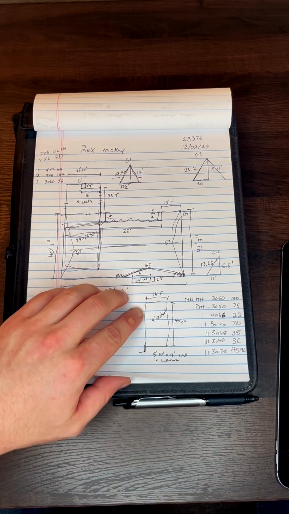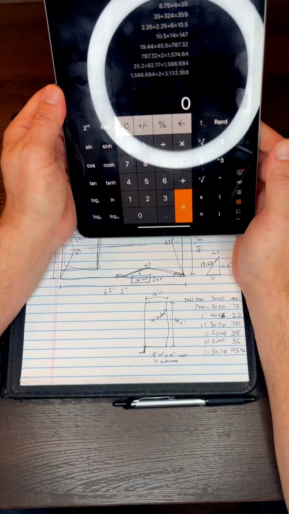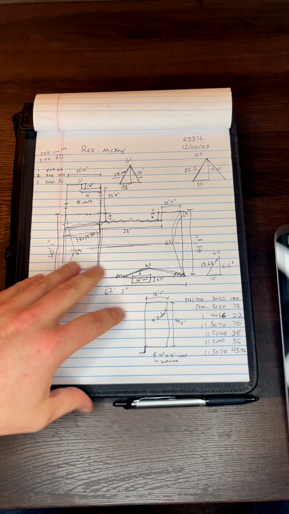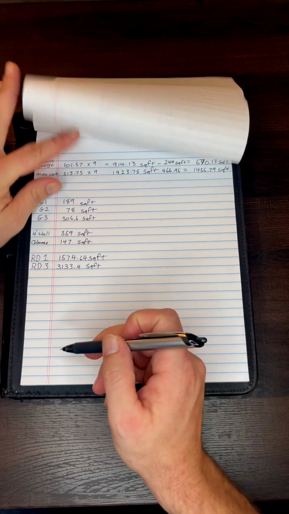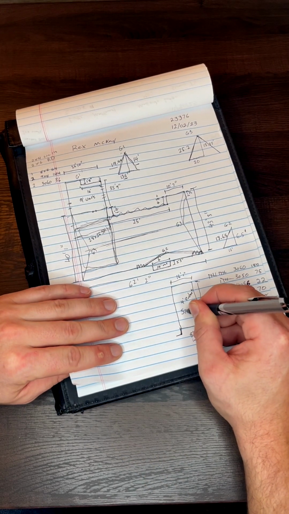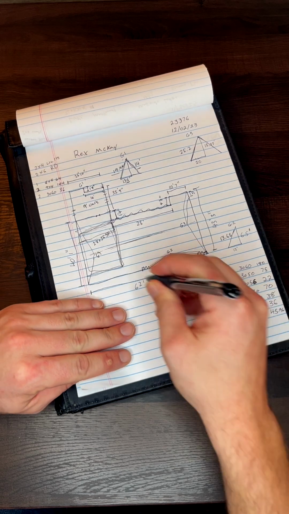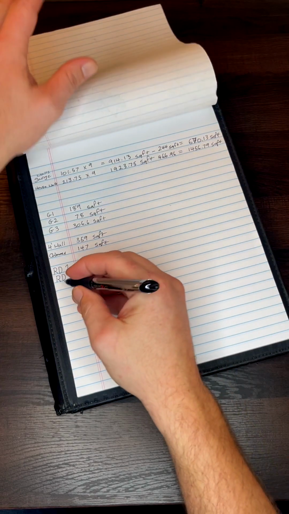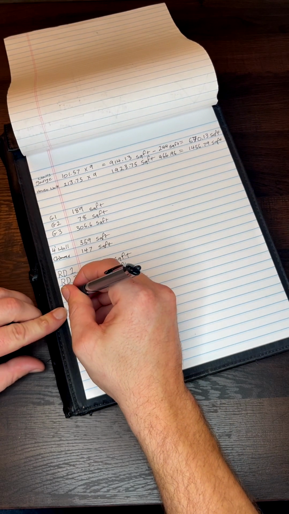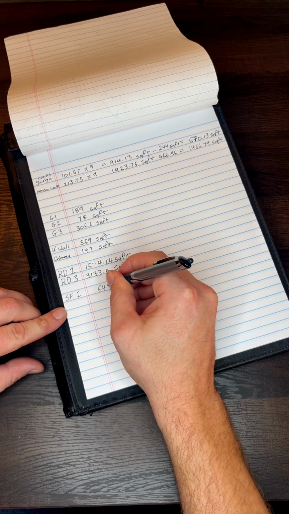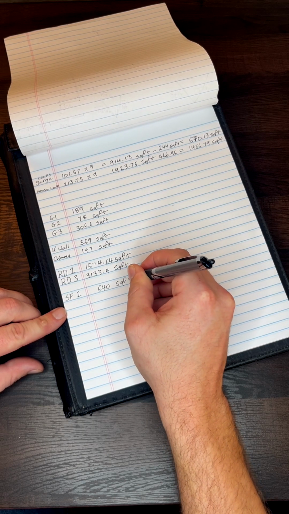So we've got 16 by 40 right here. 16 by 40, 640. And I'm gonna call this subfloor 1, SF1, and I'm gonna call this SF2. So for subfloor 1, we have 640 square feet.